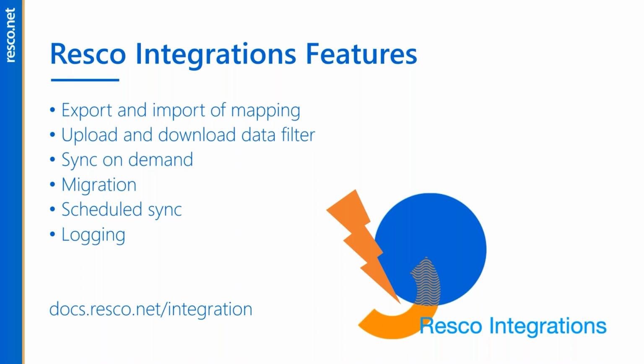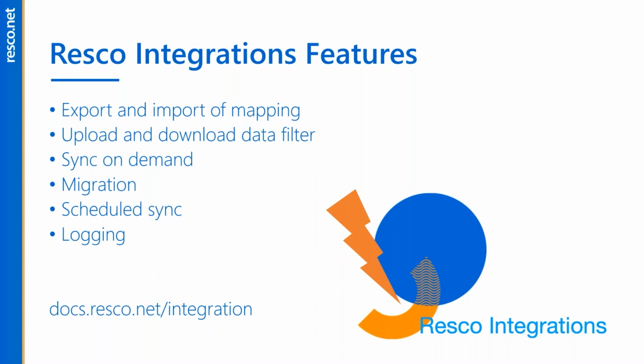You can also set up the upload and download data filter, so you don't need to upload and download all data. You can set up the filter for what and when should be synchronized. You can do the sync on demand. This feature is needed if you would like to test immediately what you did.